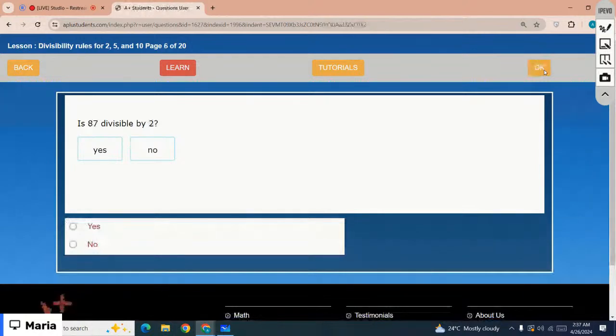Is 87 divisible by 2? Which is the correct option? The correct option is no, 87 is not divisible by 2. The ones digit is 7. So the correct option is no.